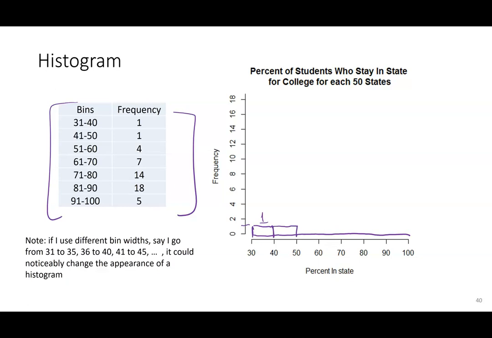There were 4, so I'm trying to line it up here. 61 to 70, there were 7. I'm not drawing with a straight edge, so these bars might look a little lumpy. 71 to 80, there were 14 of them.